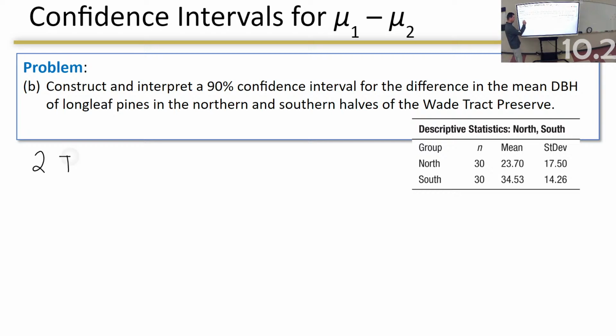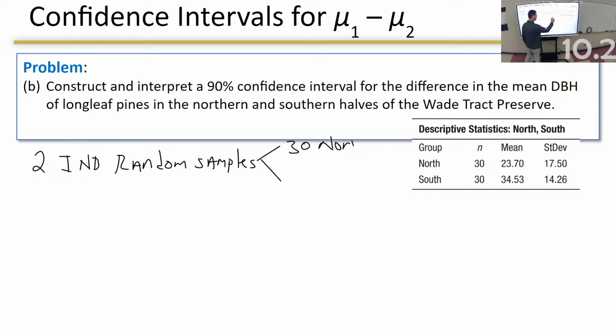Two independent random samples, 30 north, 30 south. Good enough.